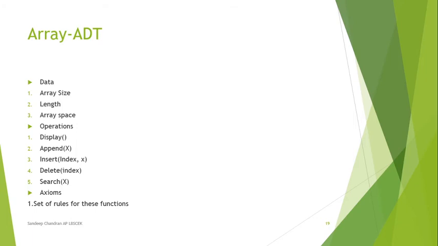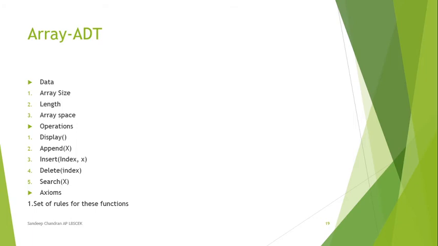Another function, delete: if you want to call the delete function, we have to pass the index. Like that, if you want to search something, we have to pass the key value. These rules we specify in the ADT. It's just a systematic arrangement, a model where we can get all this information.